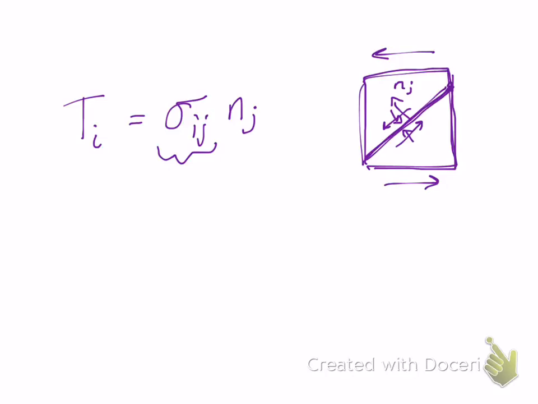Let me draw it in a different color, it'll be easier. If you were to draw it out as a vector, because it's a vector sum, we usually end up dividing it up. T has a normal component and a shear component, and so these are vectors.